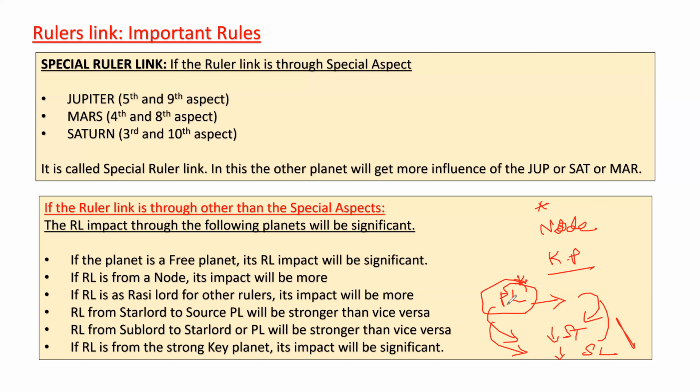While we are going to study a planet's level-wise complete significations and also in case studies, I will be explaining the usage of this so that you will understand better.